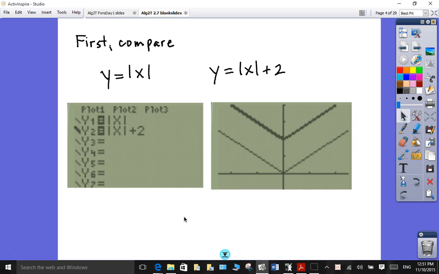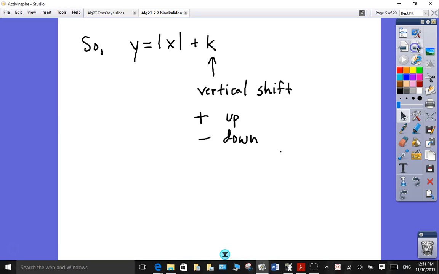So the first thing is, if you add a number after the absolute value, that's a vertical shift. Plus means up, minus means down. Not just for absolute value, but for any kind of function.